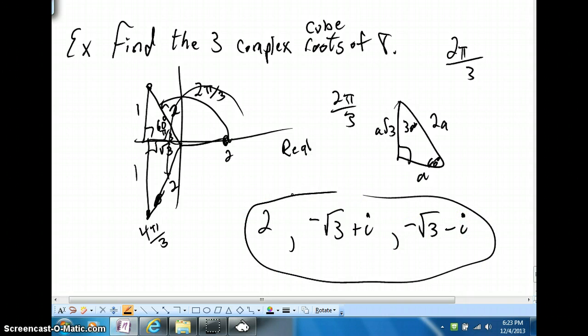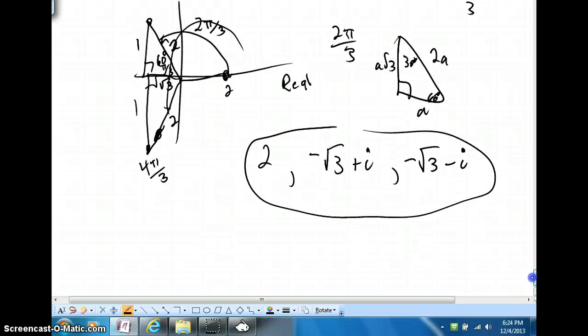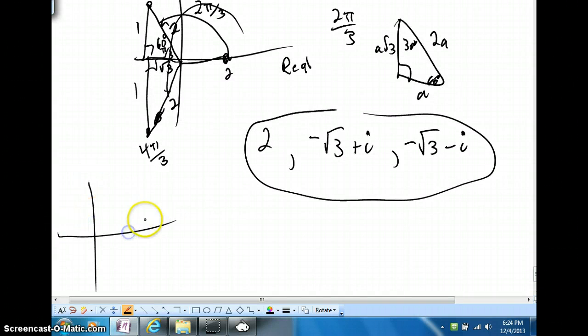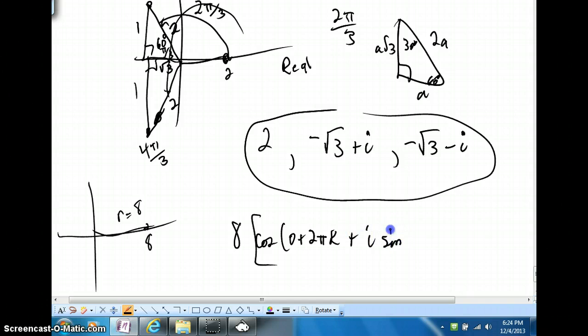We certainly could have done this problem the same way that we did the first. When I say that, I mean we could have said here's 8. I've got a radius of 8. I've got a cosine of 0. Here's 8, cosine of 0 plus 2 pi k, and then plus i sine of 0 plus 2 pi k.